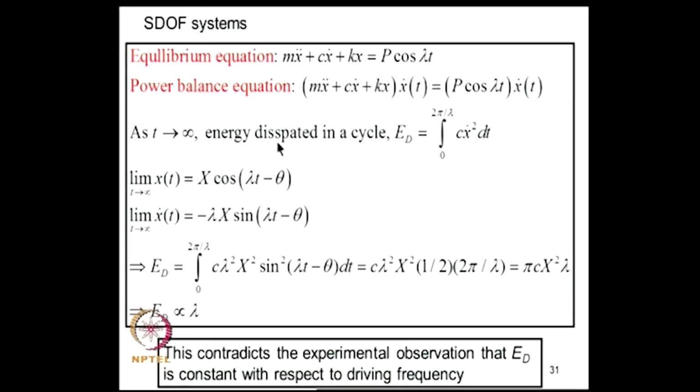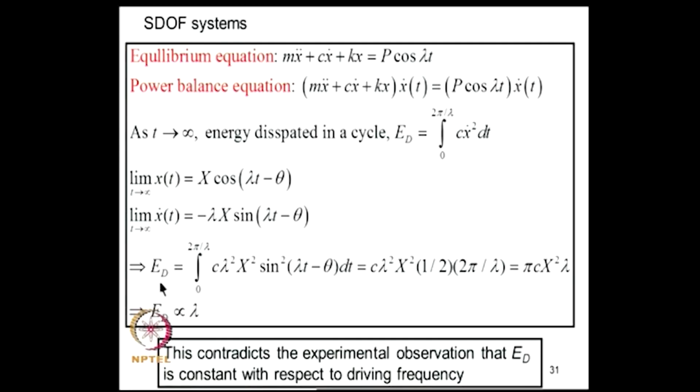As t tends to infinity, the energy dissipated per cycle, here c x dot squared, if you integrate from 0 to 2 pi by lambda, we get this. Now, in steady state we know that the response will be of the form x cos(lambda t minus theta). Therefore, x dot of t is given by this, and if I substitute into the expression for energy dissipated in a cycle and carry out the integration, I get the value as pi c x squared lambda.